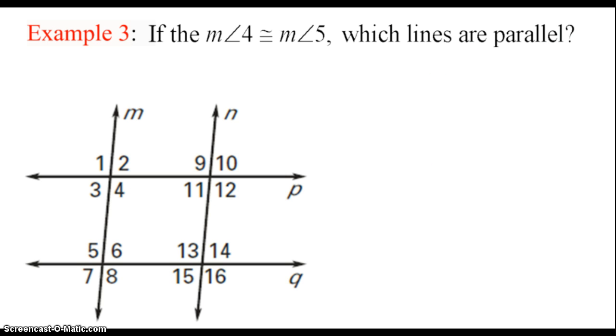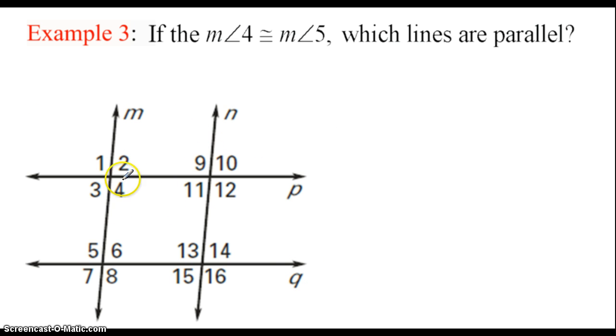The next style problems I can do in this section is that if I tell you that 4 and 5 are congruent, you need to be able to tell me, does that prove that P is parallel to Q, or does that prove that M is parallel to N?